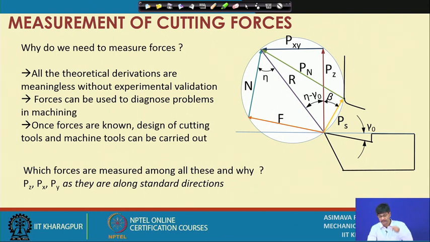But you might ask me, what is the whole point of calculating and measuring cutting forces? Suppose we know nothing about them, what is wrong? First of all, if we do not know cutting forces, we cannot estimate what should be the dimensions of the machine tool on which this cutting is going to take place. For example, suppose I am feeding a tool in the longitudinal direction with the help of a lead screw.